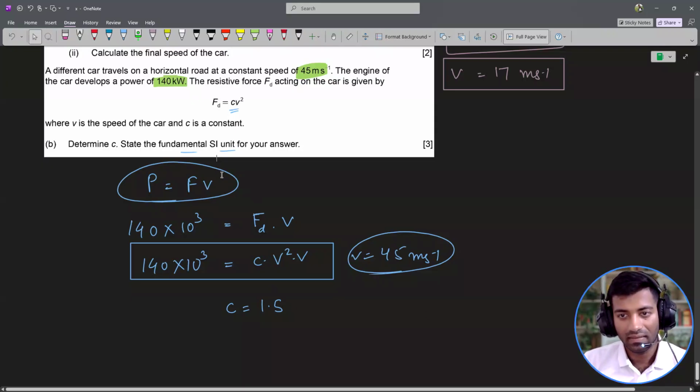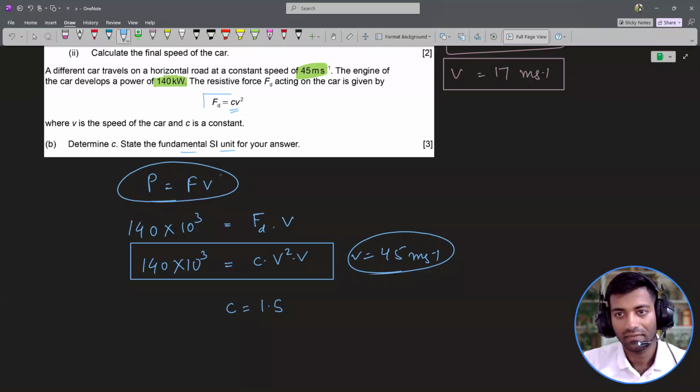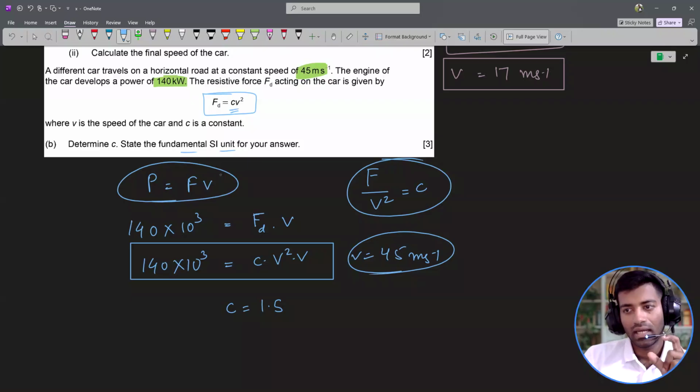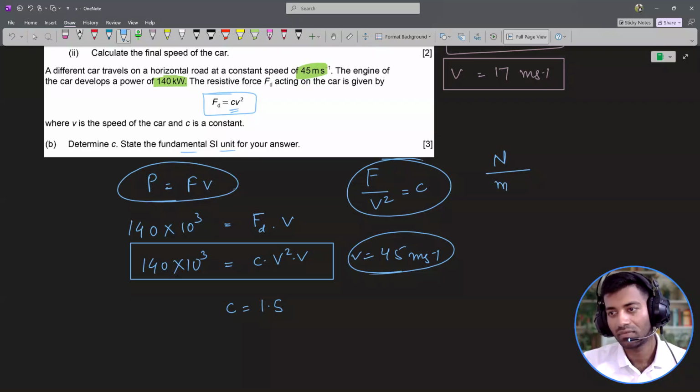Now, in this equation, where I see F equals CV square, we'll use this to find the units of C. I can say that F over V square will be C, which is correct. In order to figure out the units of C, I will start substituting the units of force and speed squared. So force has units of Newton and speed squared would be meters per second whole squared.